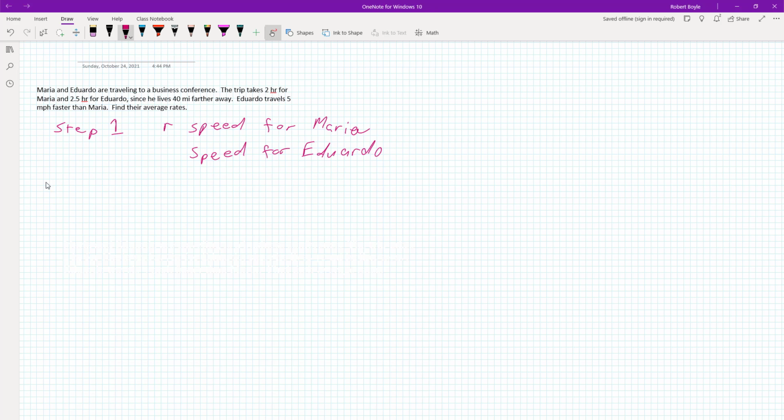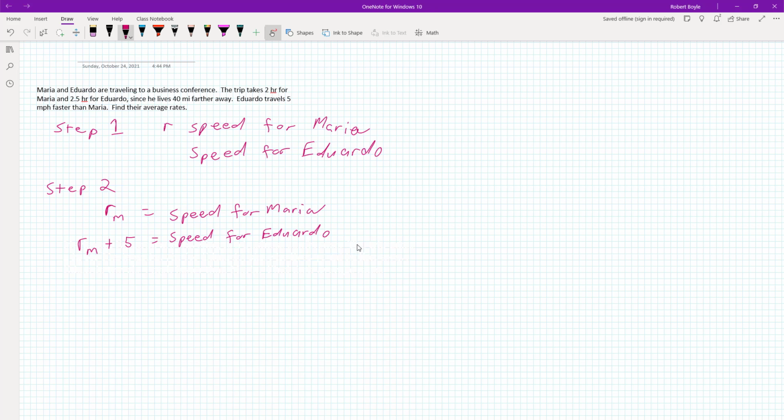Okay, step two. We want to assign a variable. How about if we let r sub m be the speed for Maria? If that's the case, then the speed for Eduardo is r sub m plus 5, because Eduardo is going 5 miles an hour faster than Maria.